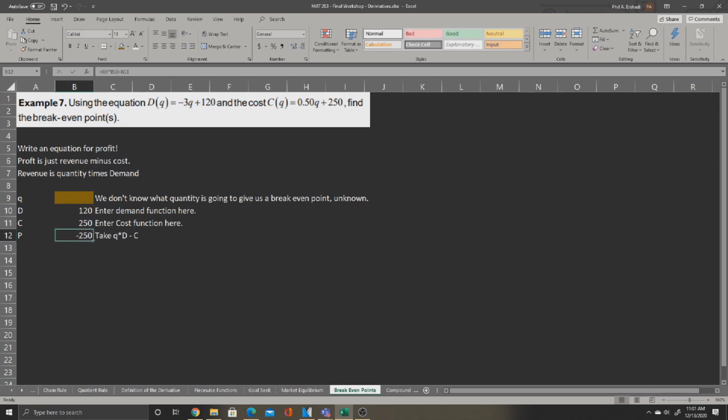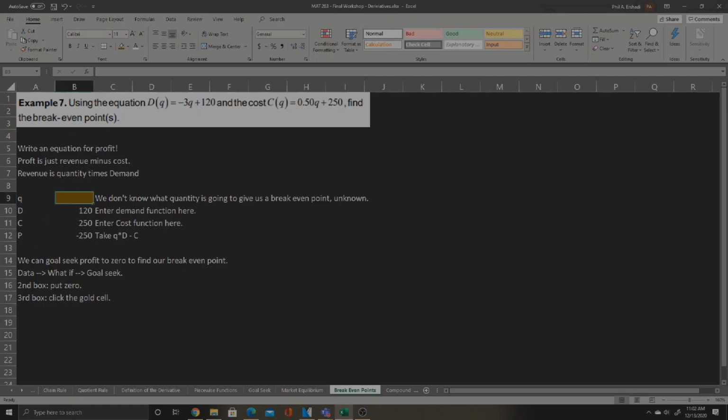Right now it's negative 250, but we can goal seek profit to 0 to find our break-even point. So once again, we can go to Data, What If, Goal Seek. In the second box inside the Goal Seek, we put 0, and in the third box, we click the gold cell.